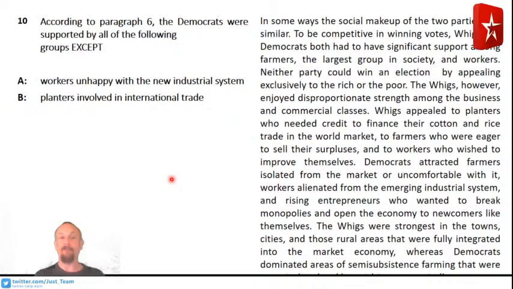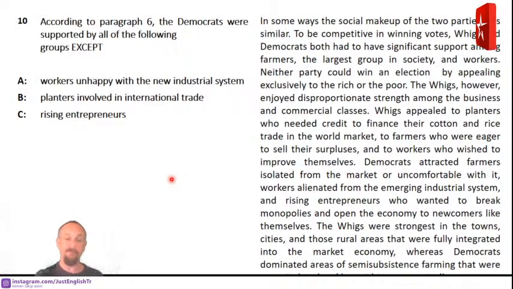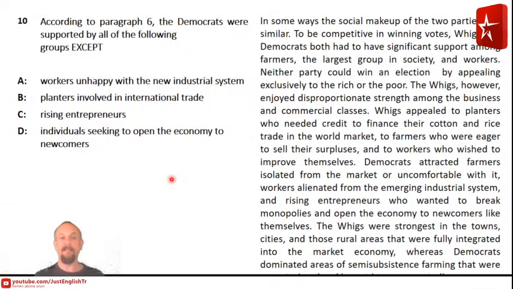B, planters involved in international trade. C, rising entrepreneurs. D, individuals seeking to open the economy to newcomers. We don't have any other option because this is a TOEFL reading passage, not a GMAT reading passage. They're your options. I'm going to give you a minute to think about those.